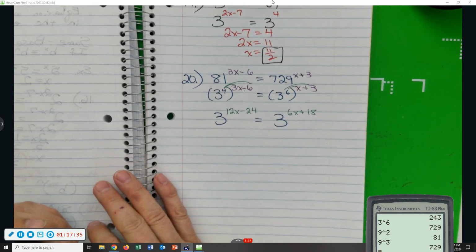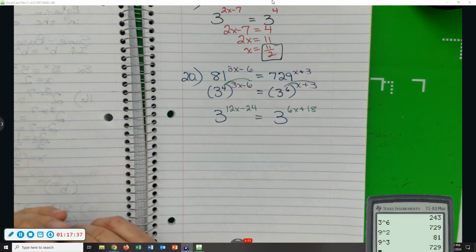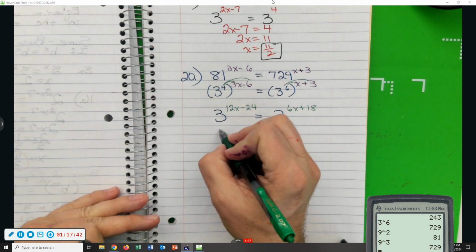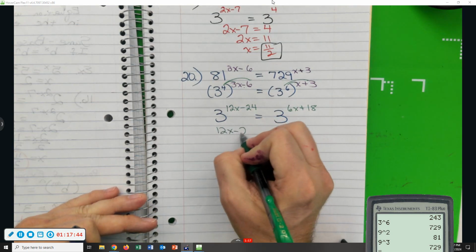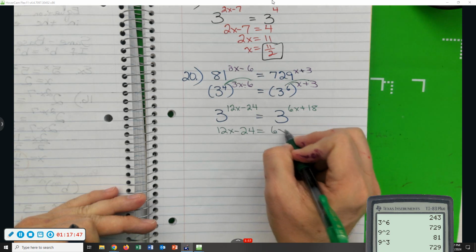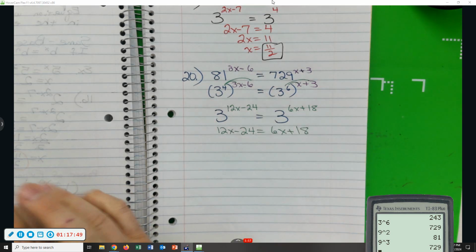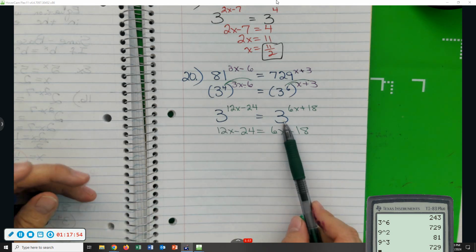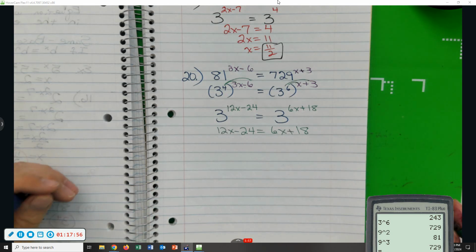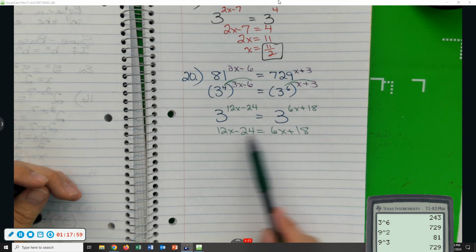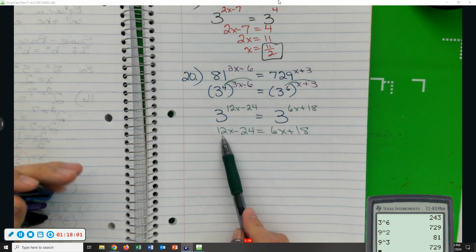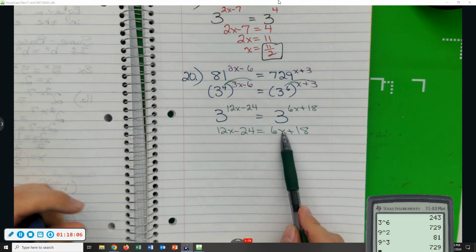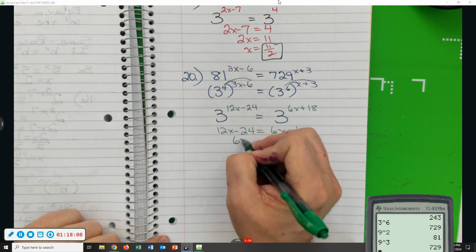Now what can we do? Drop the base, set the exponents equal. 12x minus 24 is equal to 6x plus 18. And as I've said, once you get the common base on both sides, the resulting equation isn't that hard to solve. I move that 6x over to the left by doing what? 12x minus 6x gives me a 6x.